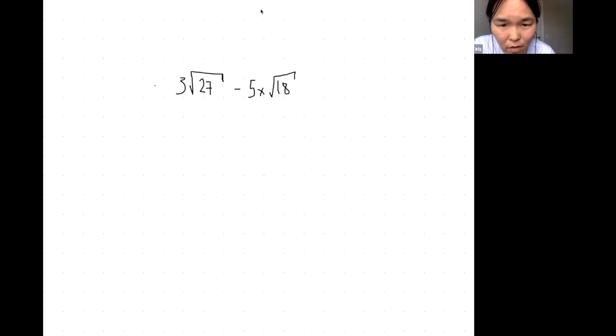So 27 is 3 cubed, which is 3 squared times 3. 18 is 9 times 2, right? So that's also 3 squared times 2.